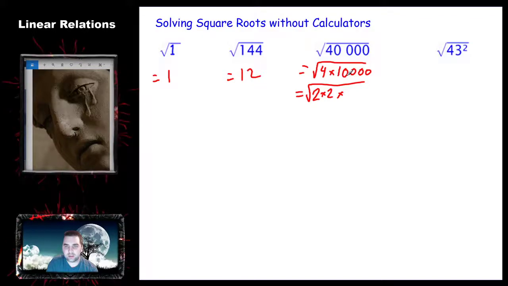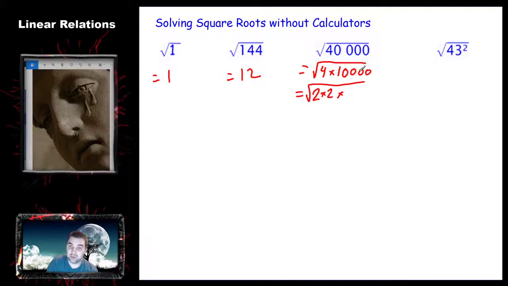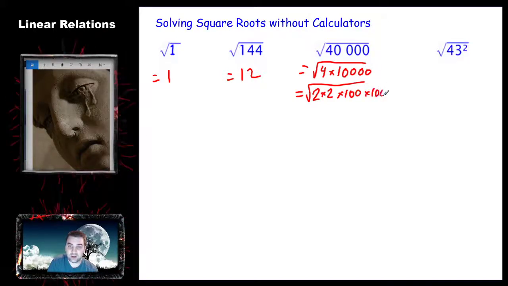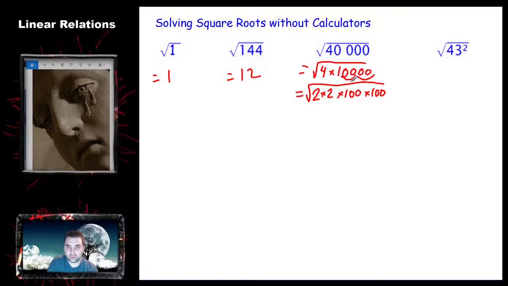1, 0, 0, 0. How many zeros do we have? We have 4 zeros. So the nice thing about these numbers like 10, 100, 1,000, 10,000, 100,000 is you can really just count the number of zeros and then split them up. So 10,000 here, I'm actually going to split up to being 100 times 100. Same number of zeros. 1, 2, and 1, 2.